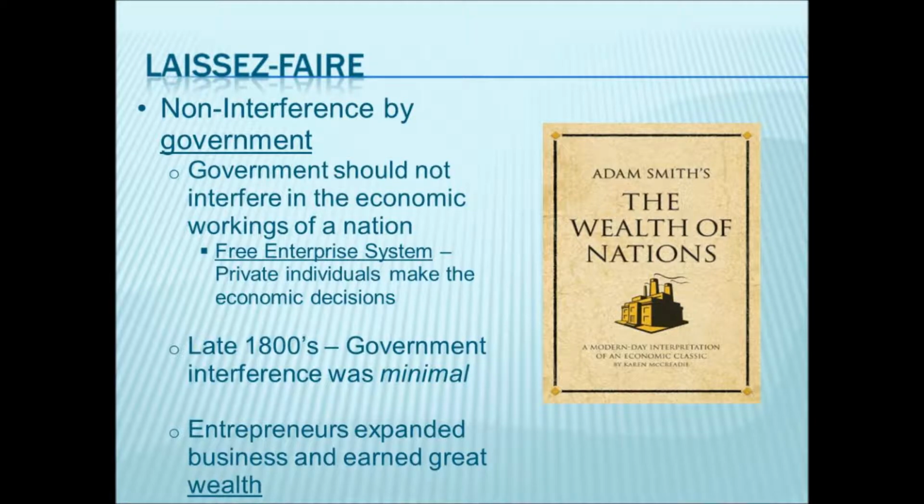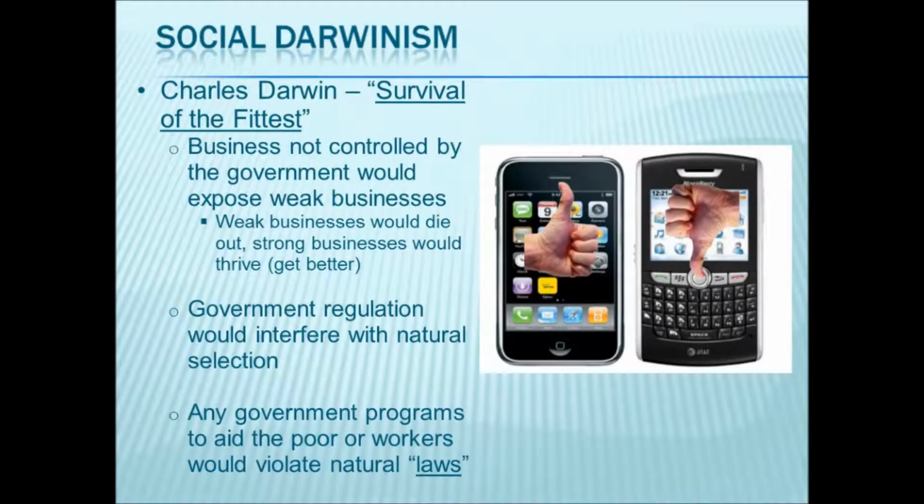So basically expanding on what we talked about last week, this idea of social Darwinism. If you think back to science and Darwin, Darwin had this idea of survival of the fittest, and I believe he used the finches, right?